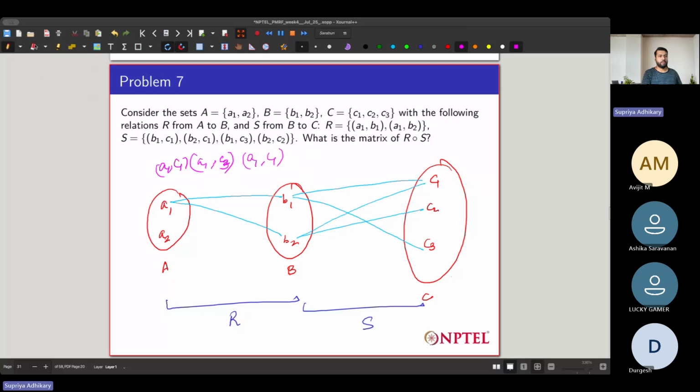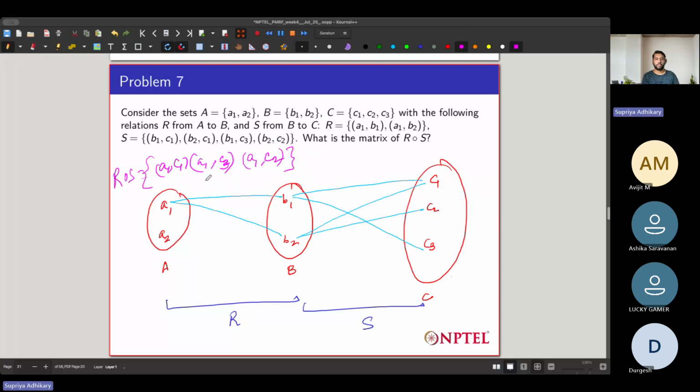Okay, A1 C1 is already there. So A1 C2. Yes. So A1 C1, A1 C2, and A1 C3. So this should be in the composition of R and S.